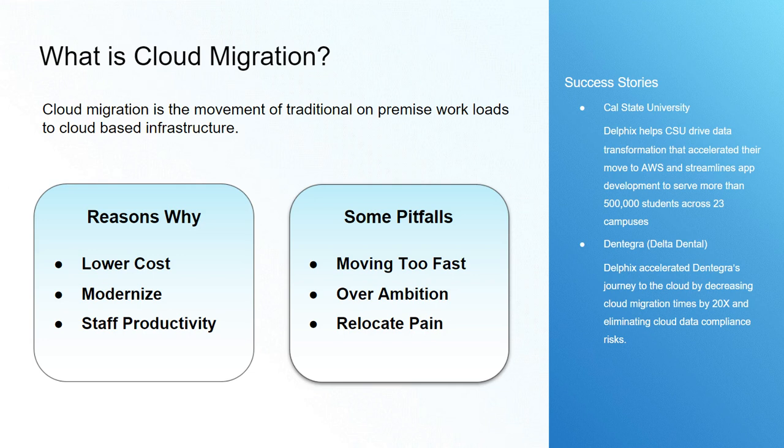So today we're going to talk about cloud migration. And what is cloud migration really? It's essentially the transition of traditional on-premise workloads to cloud-based infrastructure. Sounds easy enough, but this can be a daunting task given the complexity of today's business systems.